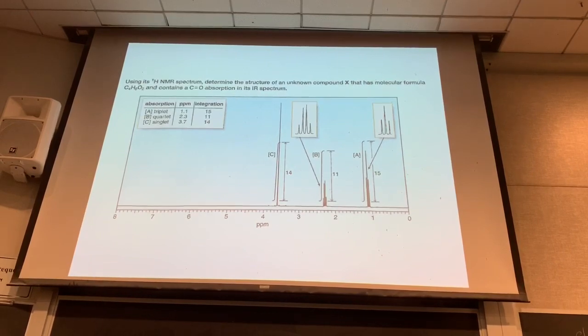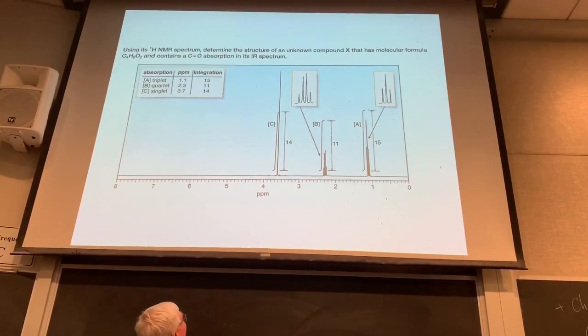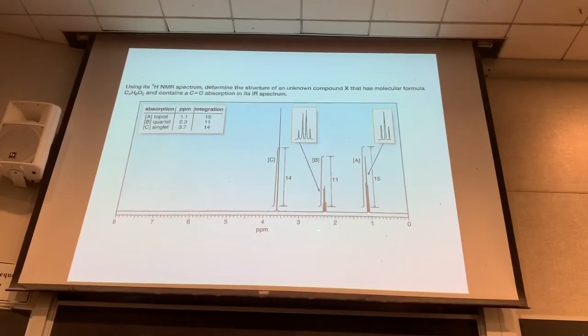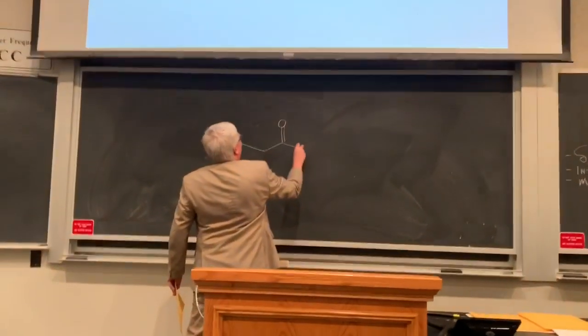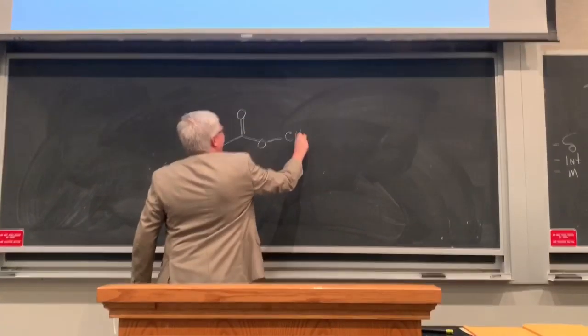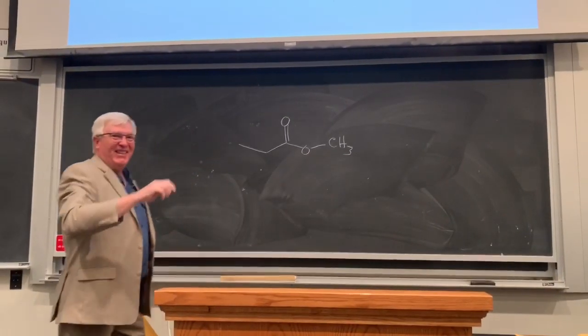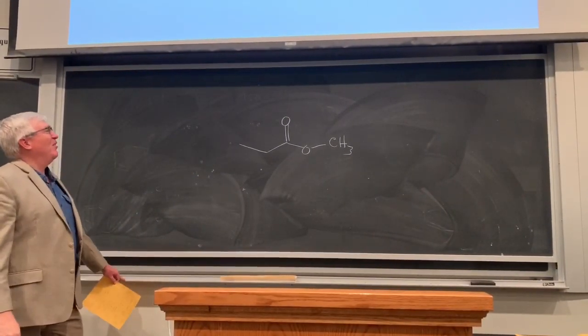Well, we've got the singlet up here at 3.5. We've got a triplet, a quartet, and we've got C4H8O2. Well, you should be expecting something here. It looks like the problem we just did, which is this. So let's verify this structure again. So what do we see here?